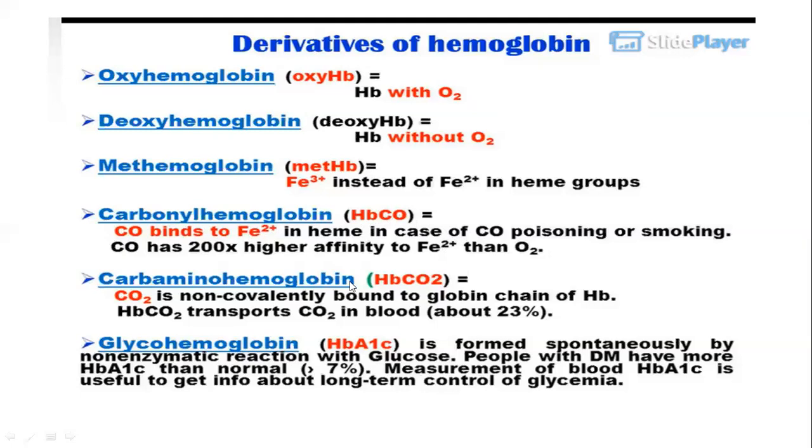You can also have carbon dioxide binding onto hemoglobin. This binds easily and is reversed when hemoglobin gets to the lungs, so some amount of carbon dioxide is transported through hemoglobin. But you can also get abnormal binding to hemoglobin, not just of proteins but even sugars.